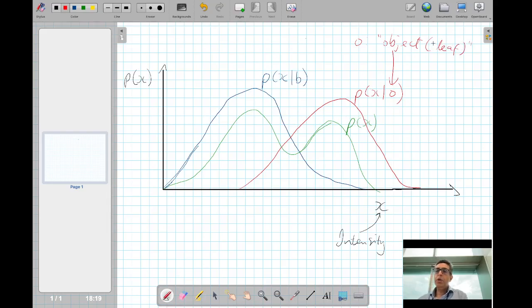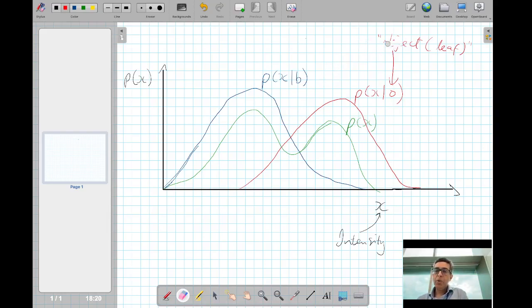Now the choice of which thing is the object and which is the background is totally arbitrary, but I'm imagining that for some reason we want to detect the leaf on the grass, and so in the lingo of image processing or computer vision, we refer to the leaf as being the object and the grass as being the background.